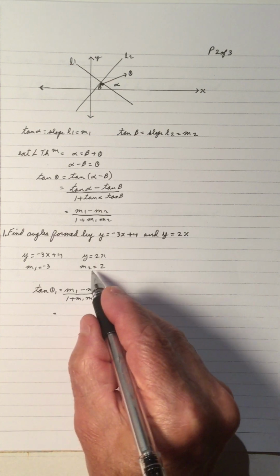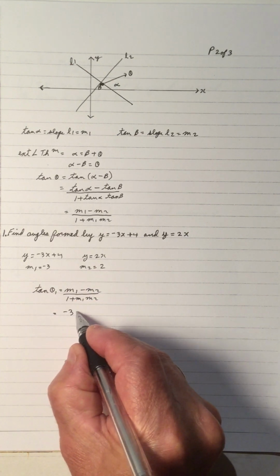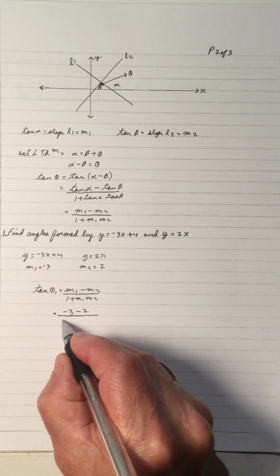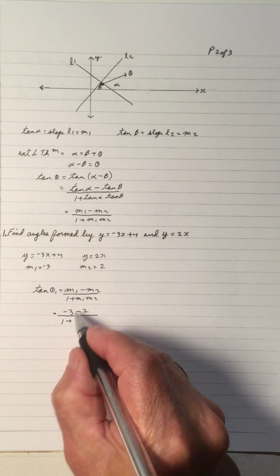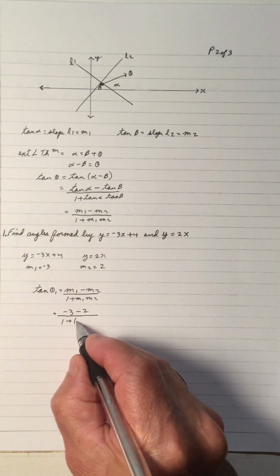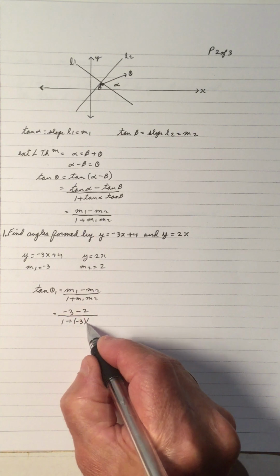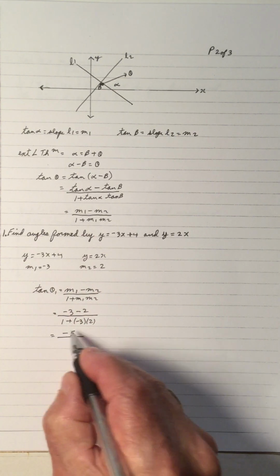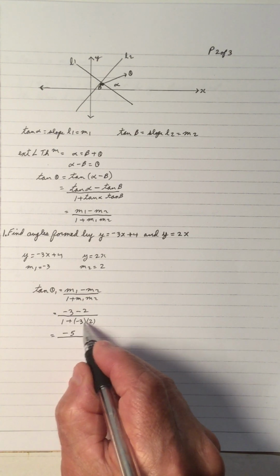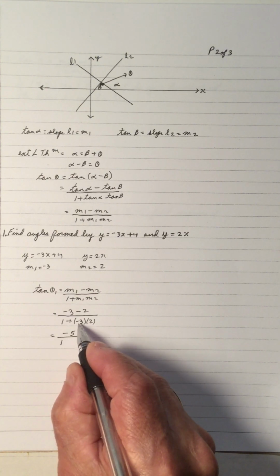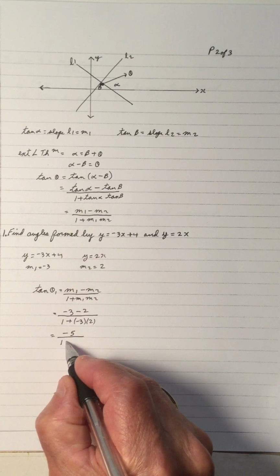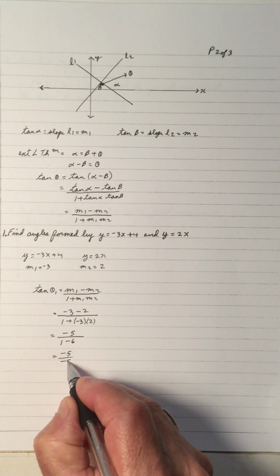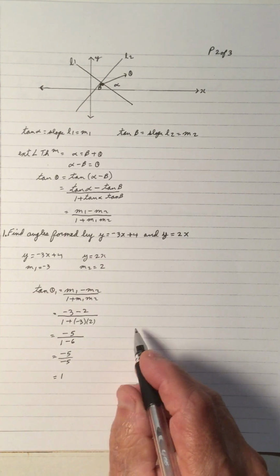So M1 is negative 3, subtract M2, which is 2, over 1 plus negative 3 times 2. We get negative 5 over, and we have to multiply before we add, so we get negative 6, so 1 minus 6 is negative 5. Negative 5 divided by negative 5 is 1.